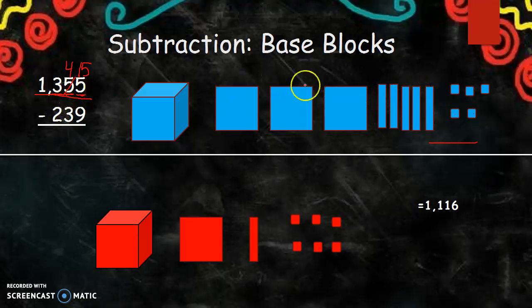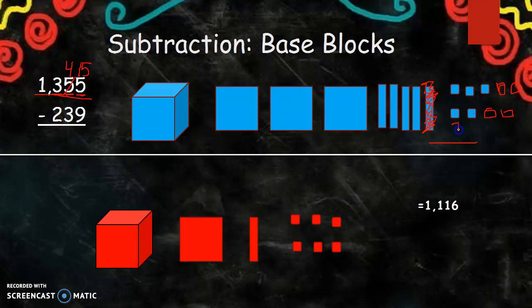So what we're doing essentially is we are borrowing this 10 right here, and instead of having it over here with the tens, we are actually going to have 10 dots. I'm doing my best to draw these. I'm horrible.